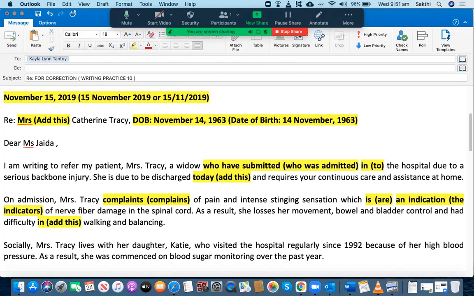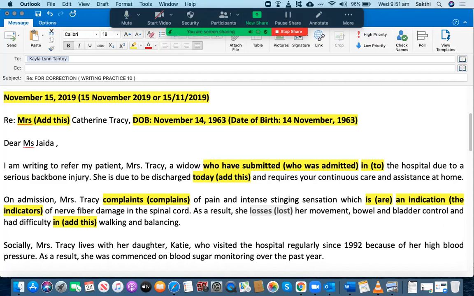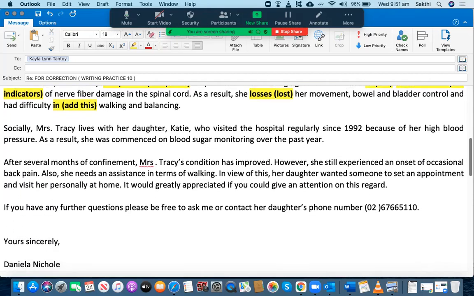"So as a result, she loses her..." It's not in the present tense, I don't think so. It's in the past tense. So as a result, she lost her movement, bowel and bladder control, and had difficulty in walking. When you use the past tense here, you have to use "lost." That's the correct one.